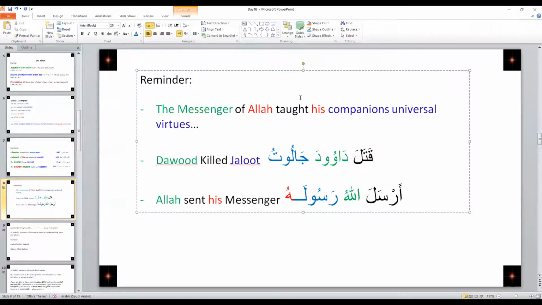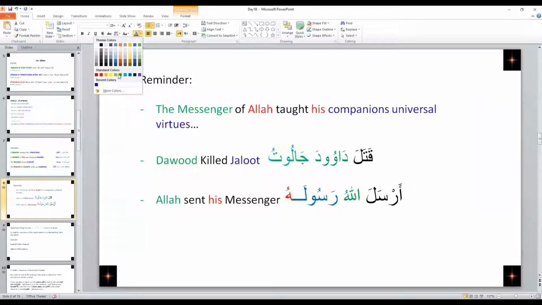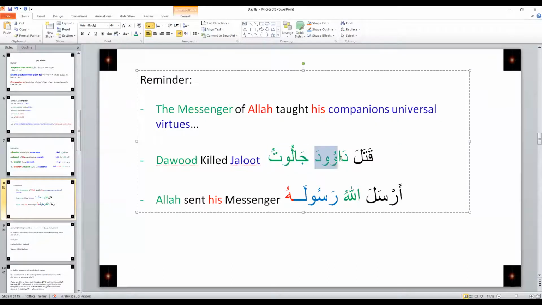Okay, so very important information here. The moment this one takes dhamma, it becomes the doer. So this one becomes the green, and this becomes the blue. It doesn't matter where it is seated. In Arabic, that is how we determine the doer from the done to.